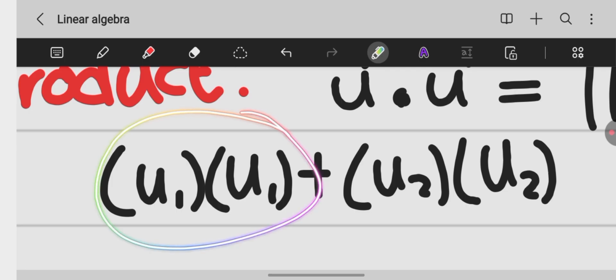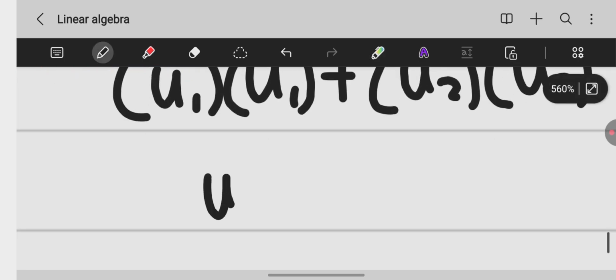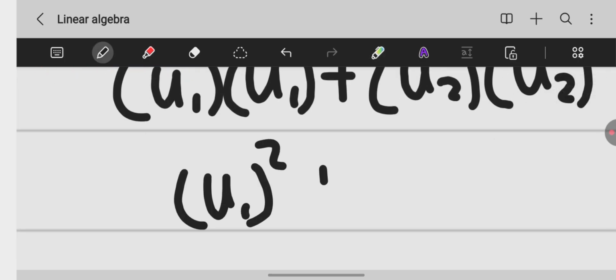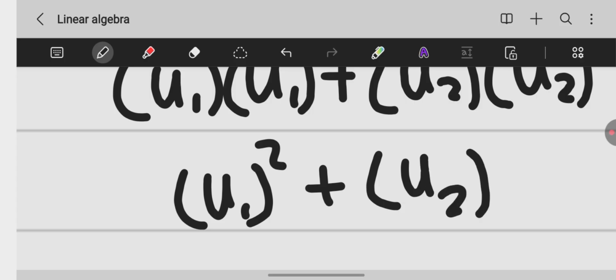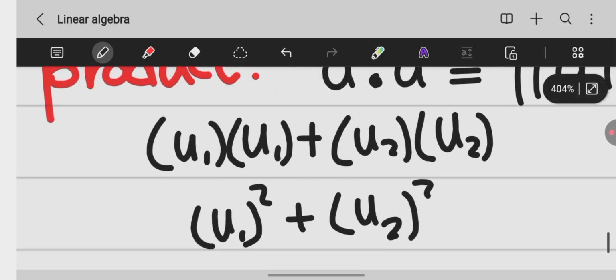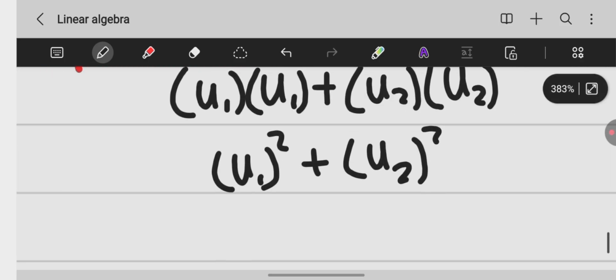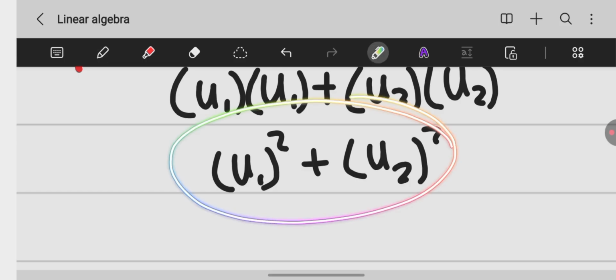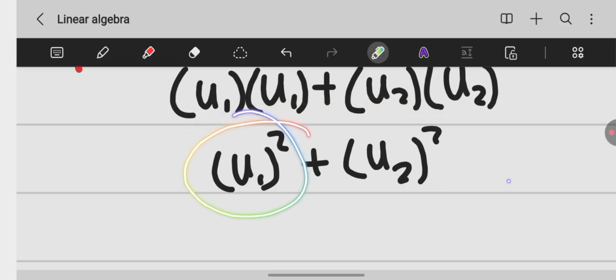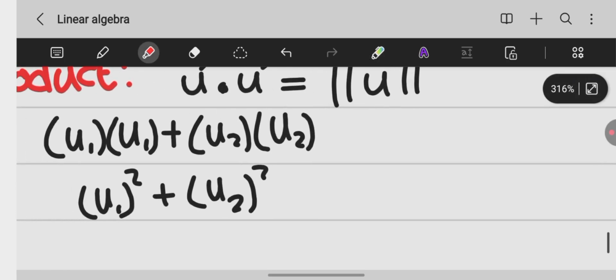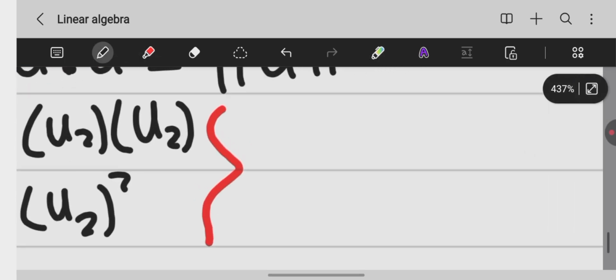So you could just write it as u1 squared plus u2 squared, right? Hope I'm not losing anyone. And this basically would give you a constant because you're adding a constant to another constant, and you would result in a constant. Let's try to prove why it's equal to the magnitude squared.